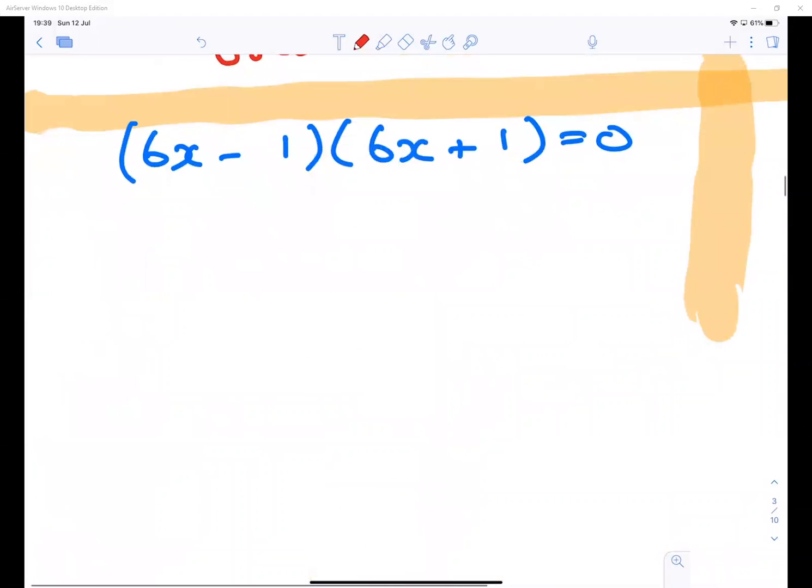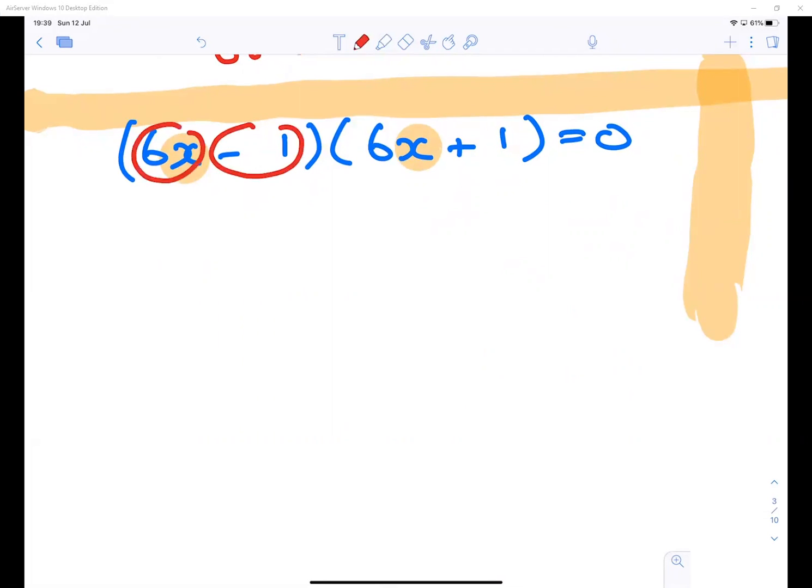Okay, Asadullah, the next one's yours. Thank you, Eliza. What would this be? Plus 1 and, well, if you think about it, this bit here is minus 1. This would be what? Plus 1. So plus 1 minus 1 gives you 0.